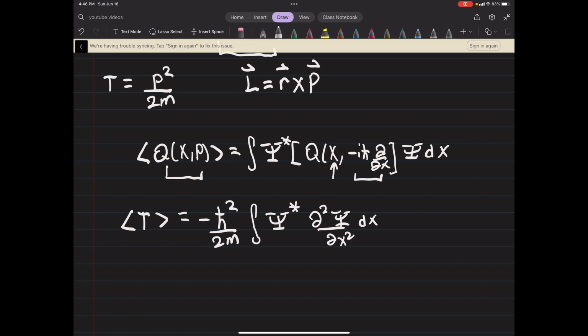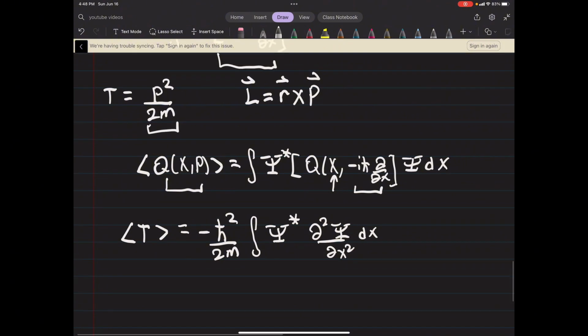So all that we do here, we have our 2m that we pull out, i h bar squared, so p squared, instead of p, we do p squared. So you'll have i squared, so that's where the negative comes from, h bar squared, that's why that's squared, and then we're taking not the first derivative, but the second derivative of our psi, because our p is squared.